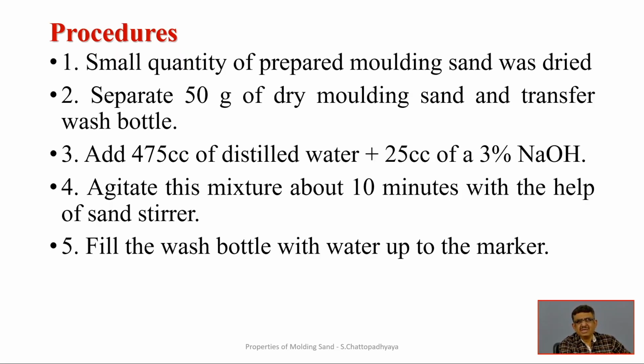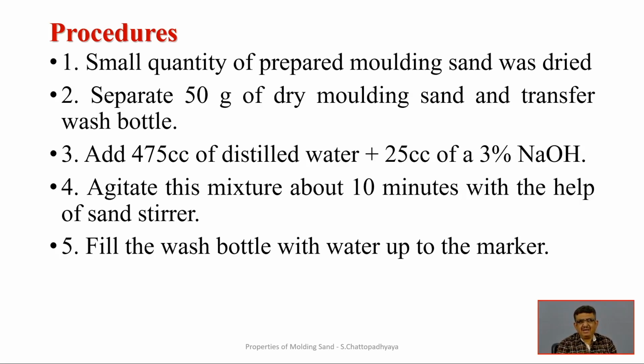So a small quantity is prepared, then 50 grams of dry molding sand is transferred to a bottle, with 475 cc of distilled water and 25 cc of 3% sodium hydroxide, all standards, so that we can take away the clay and then write down what kind of constituents have what kind of properties.